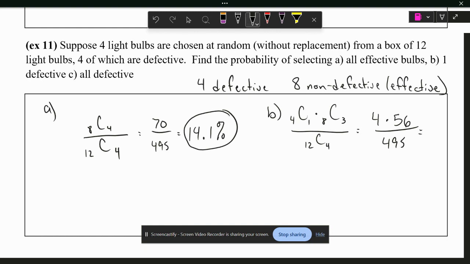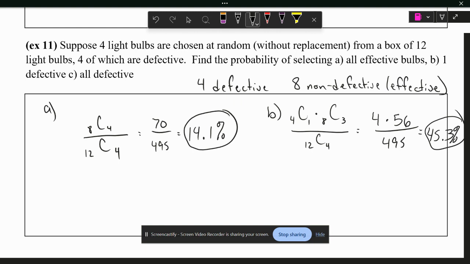So 4 times 56 divided by 495 is going to give me 0.4525, so 45.3%. There is a chance that I'm going to grab 4 light bulbs, and one of them's not going to work.